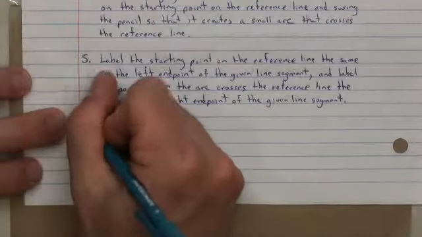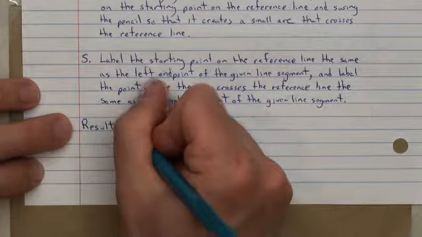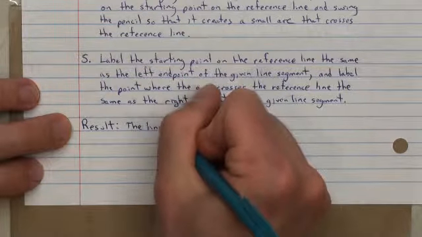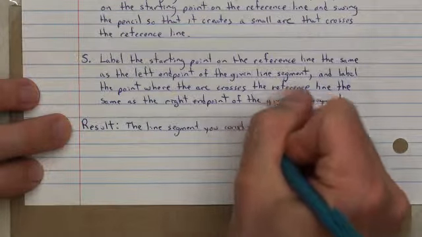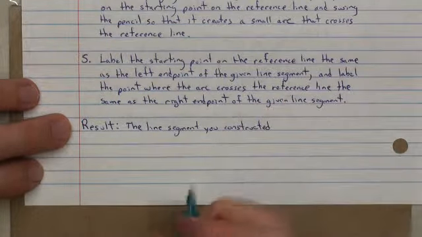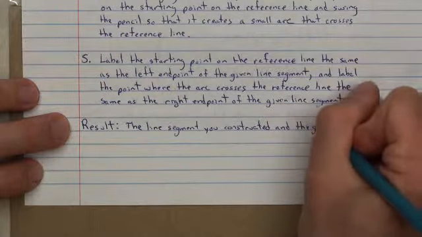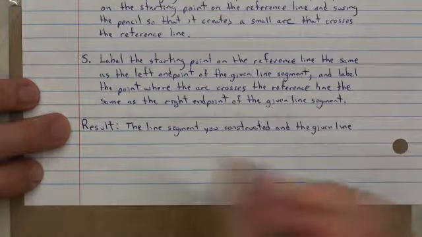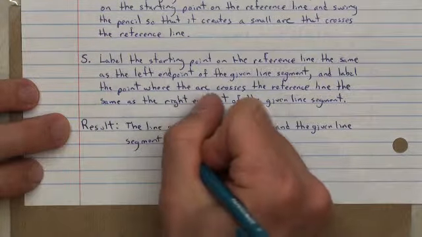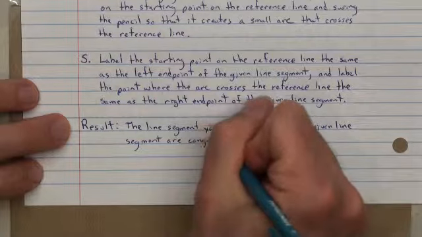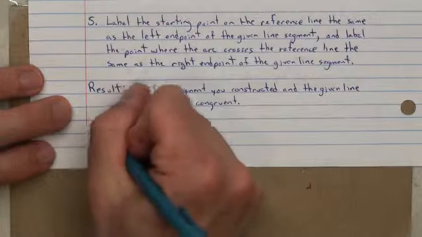Skip a line and put down result. The line segment you constructed and the given line segment are congruent. And finally, one more thing, explanation.